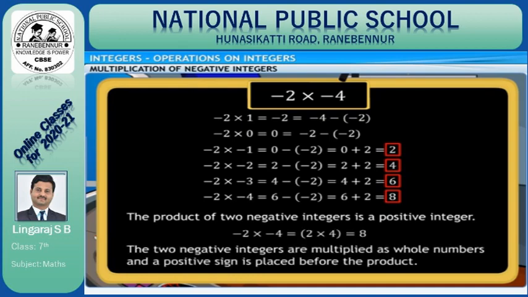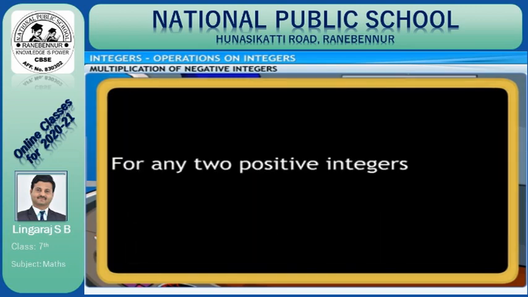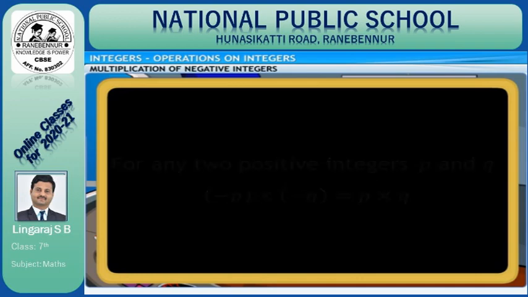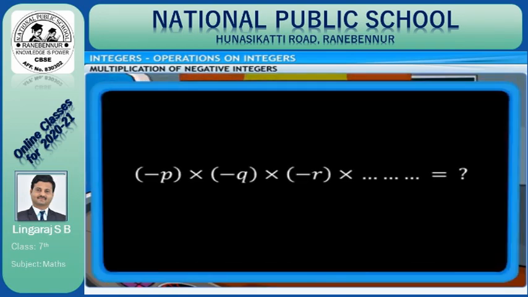The two negative integers are multiplied as whole numbers and a positive sign is placed before the product. So in general, for any two positive integers p and q, minus p multiplied with minus q is equal to p multiplied with q.